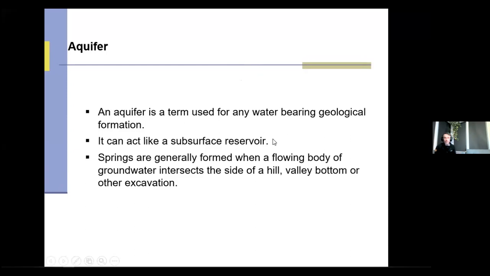This is a super important term to learn now, aquifer. An aquifer is what groundwater is. It's an underground reservoir. The actual term that you might see on a test is any water-bearing geological formation. It's an underground reservoir, right?